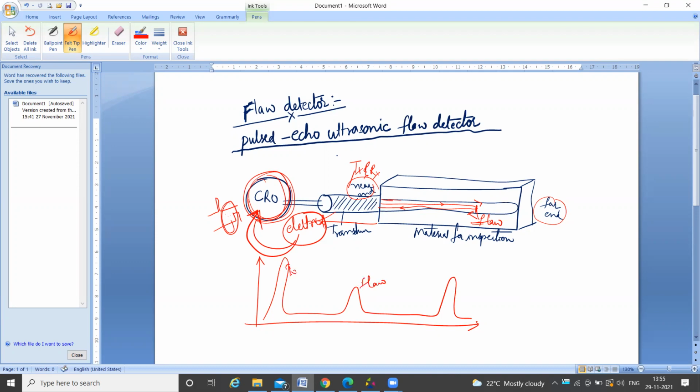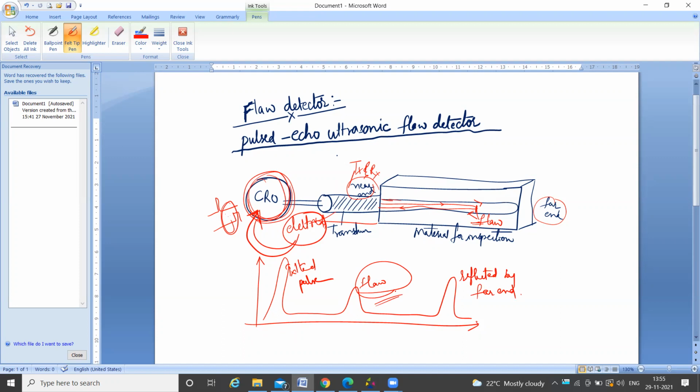This is the transmitted pulse. This is reflected by the far end, and this is reflected by the flaw. So this is the flaw reflection, or second pulse. And this is all about flaw detection basically.